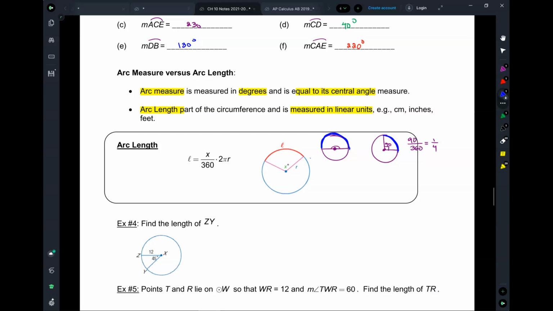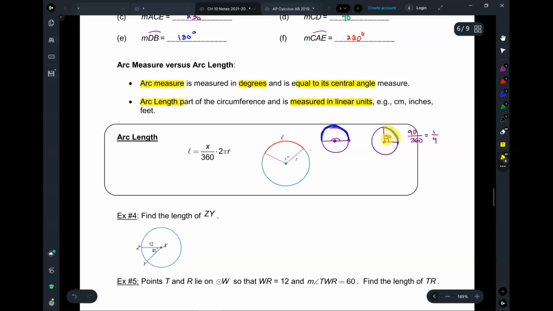Well, it's exactly 1/4 of the circumference. So the ratio of this central angle to the full 360 is the same as the ratio of the part of the arc length compared to the entire circumference.